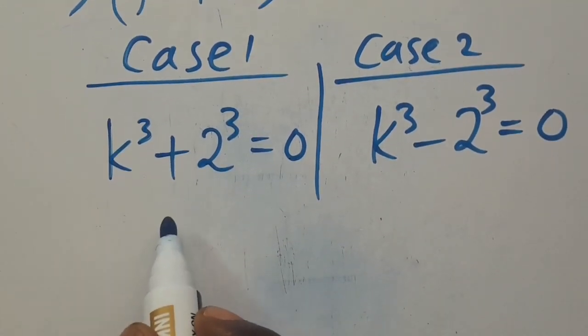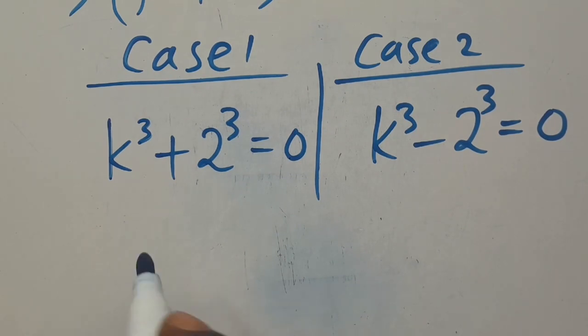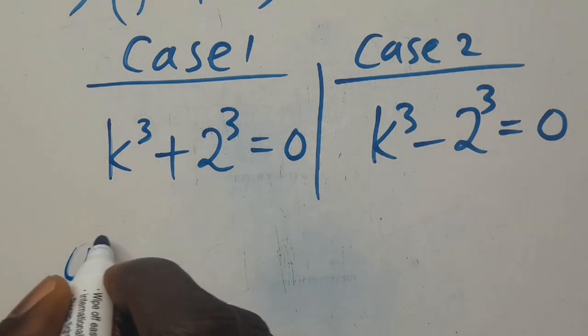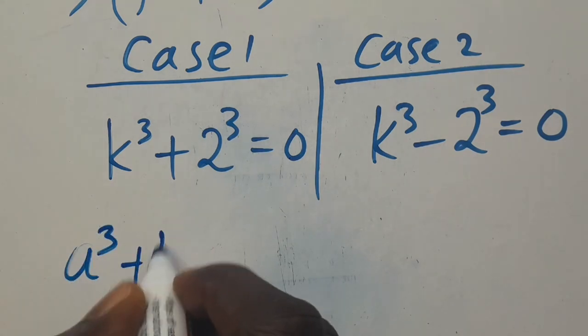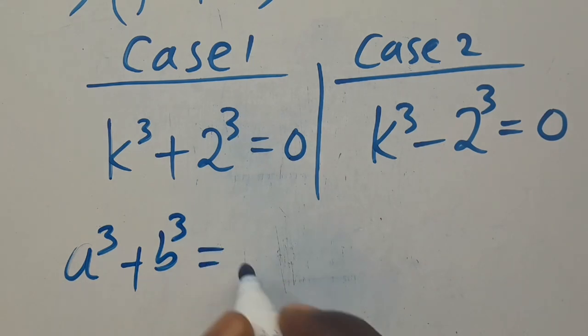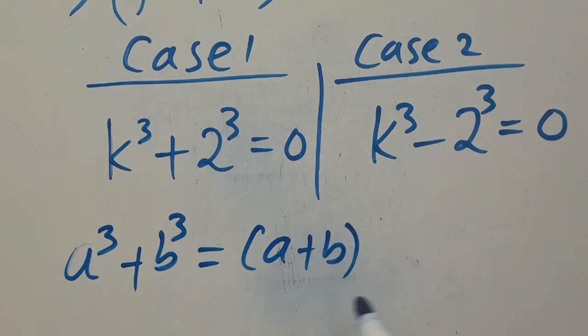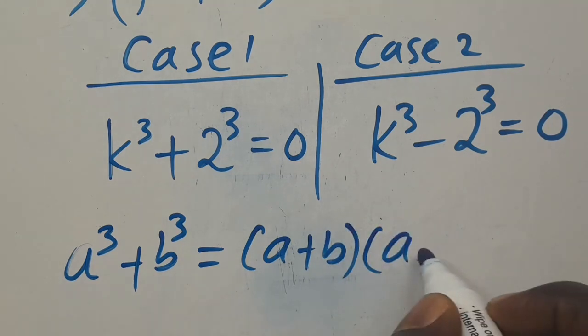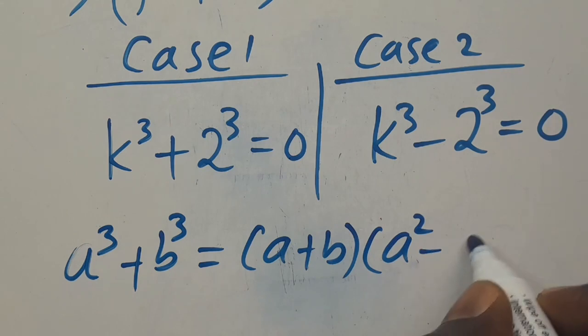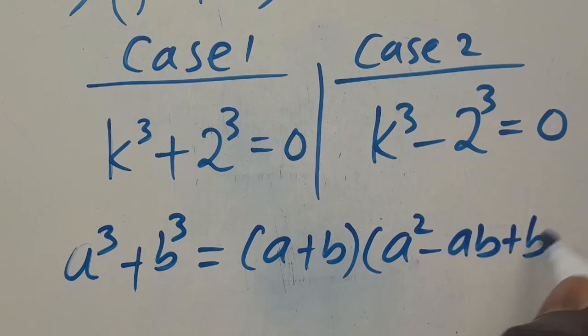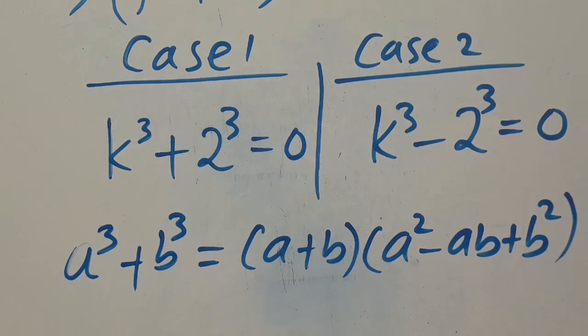We have this to be a sum of cubes. Remember that when you have a to the power of 3 plus b to the power of 3, it always equals a plus b, all in brackets, multiplied by a squared minus ab plus b squared.